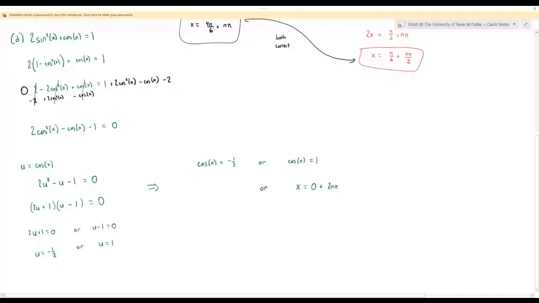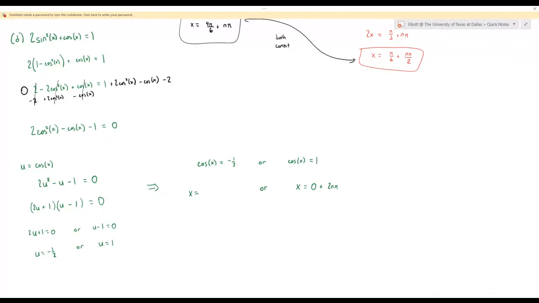But then we also need to solve this equation, cosine of x equals negative 1/2. So let me think about that. Cosine is 1/2 at the pi over 3 angle. But for cosine to be negative, it has to be in the second and the third quadrant.